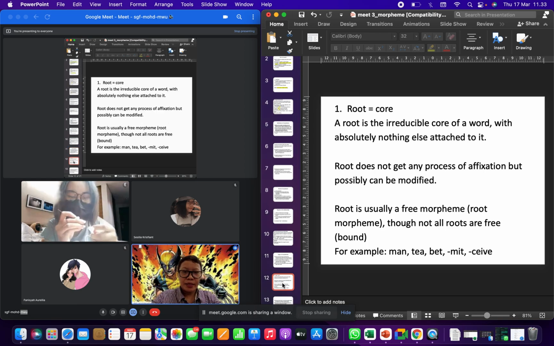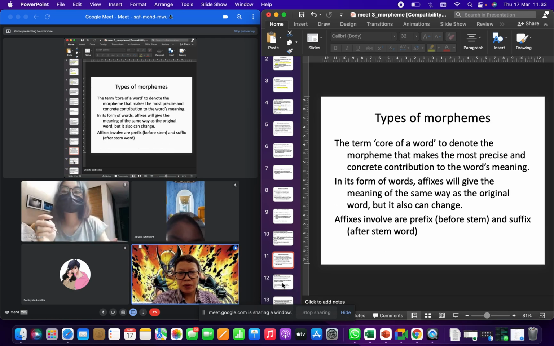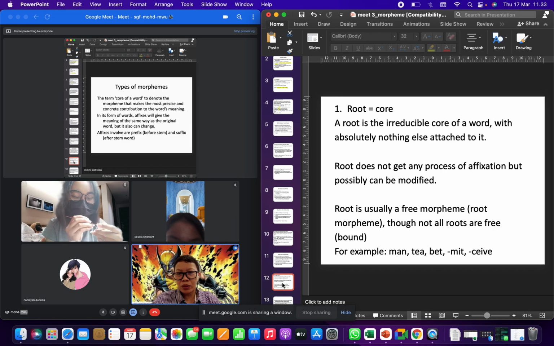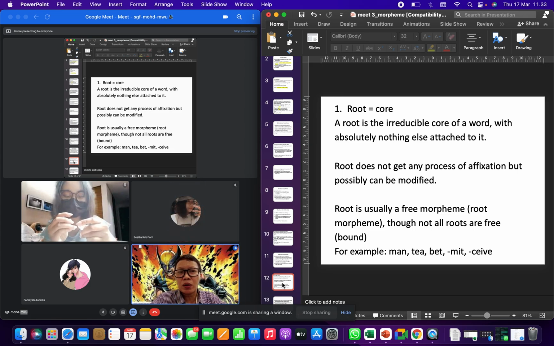Now let's see here. We are going to see the types of morpheme based on its core of the word. The first is the root. Root means the core. A root is the irreducible core of a word.